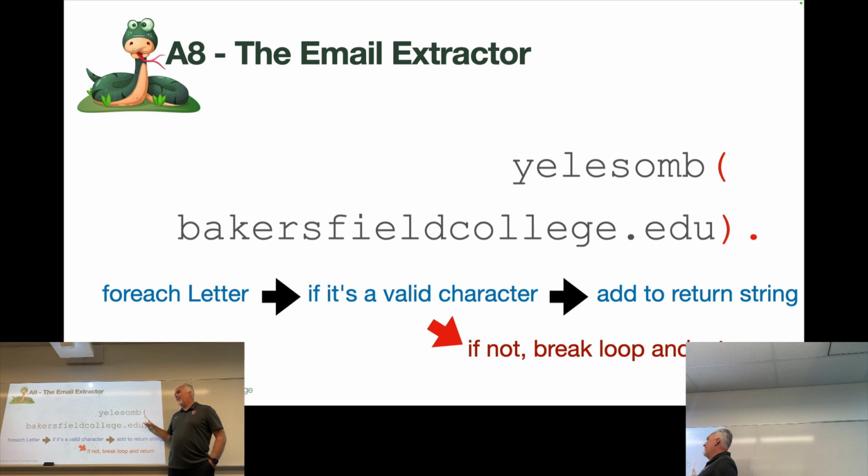And as soon as you get to one that's not a valid character, you get rid of it and you stop. Because once we hit something that's not valid, we're out of the email address, and so we stop. So we're going to keep everything until we get to this, and then we'll stop. Same thing with this, there's just more letters. But this will work on both halves of the email address the same way. So I'm going to use a single algorithm to solve both halves. Okay?